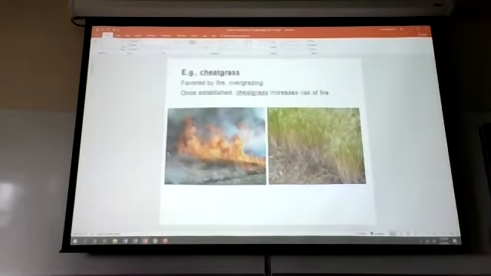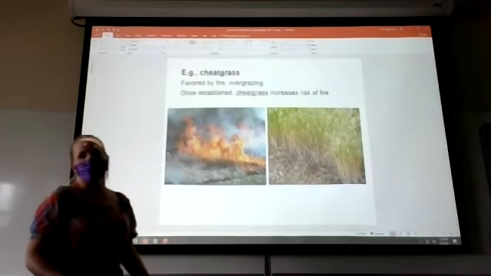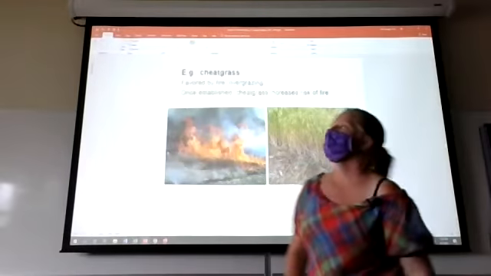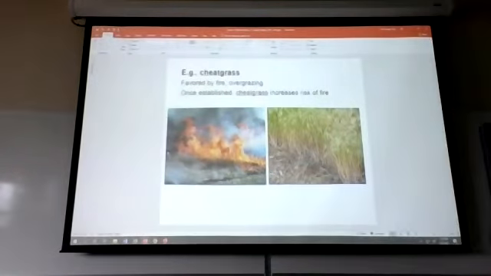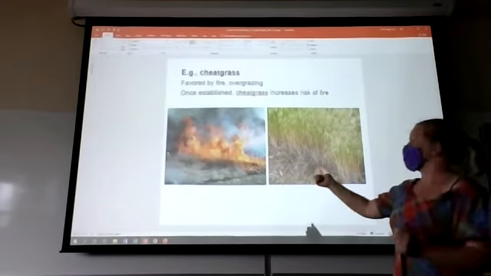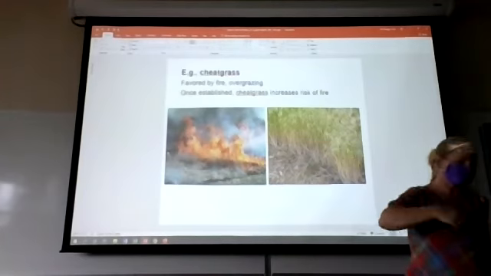Okay. So our friend cheatgrass, number 2 worst invasive species in the western U.S. Loves fire. It has this weird life cycle. In the winter, that's when the seeds germinate, and the snow will melt off the dead grass, and that's cheatgrass.